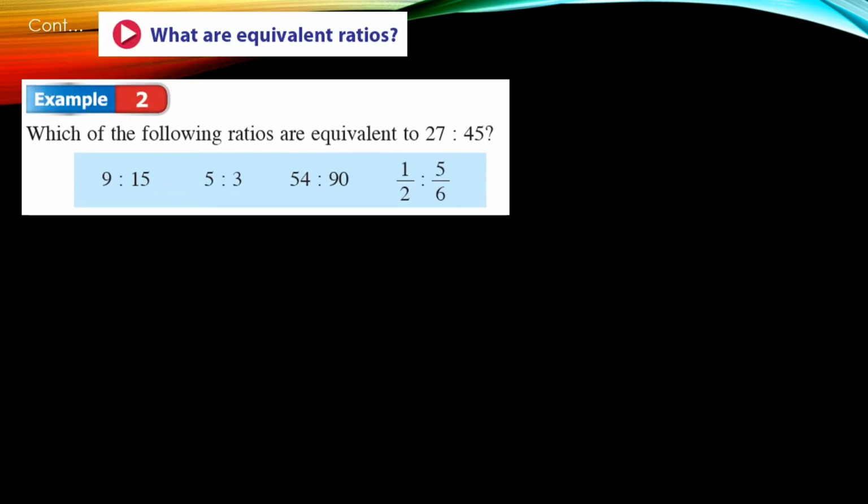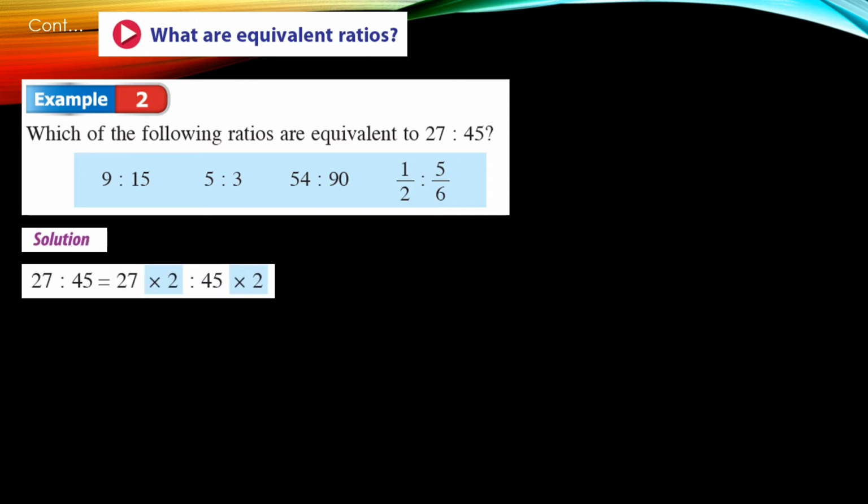Okay, we continue. Look at example 2. Which of the following ratios are equivalent to 27/45? So what you need to do here is to multiply this 27 and 45 with any whole number, or you can divide it with any whole number.